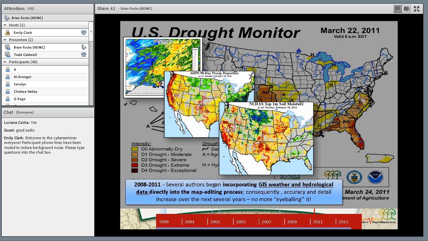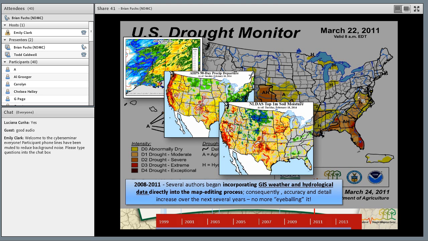We know that drought typically does not change that quickly outside of flooding rains or tropical rains really impacting an area. So what these authors started doing is developing these Python scripts which started pulling in and interpolating these data that we were typically looking at each week, but they were allowing us to bring that data right into our GIS products and show it as an overlay along with the Drought Monitor contours.